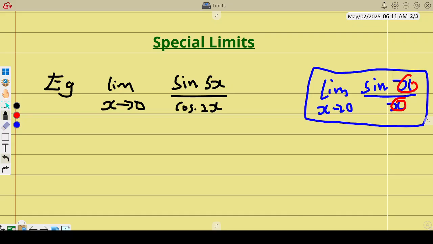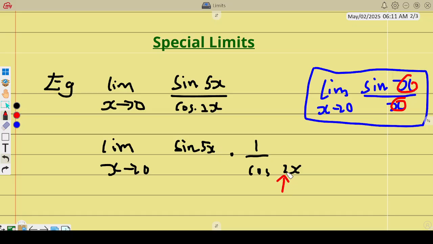So we'll separate, meaning we're going to have the limit as x approaches 0 of sine 5x times 1 over cos 2x. Usually for cos we do not have to worry much, because even if x is approaching 0, cos 0 is just 1.